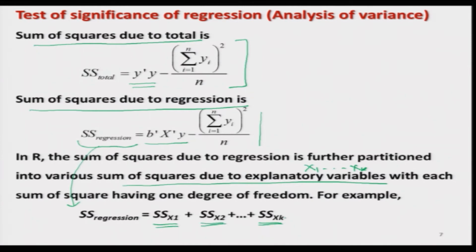So, these individual sum of squares indicate the variation contributed by the individual explanatory variables, and each of these sum of squares will carry 1 degree of freedom. What is the concept of degree of freedom? I will try to show you, but here at least I can inform you that these sum of squares carry 1 degree of freedom.